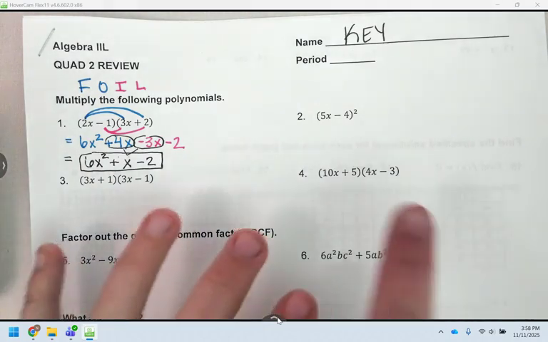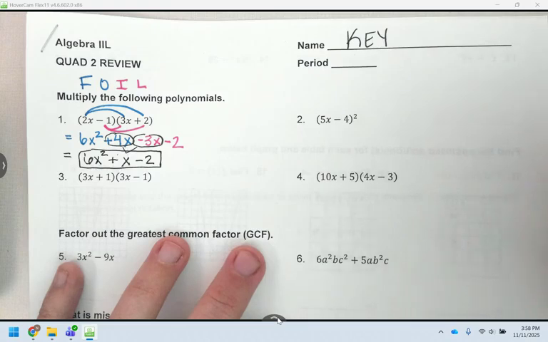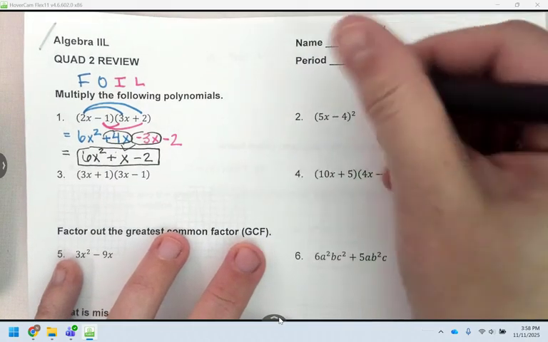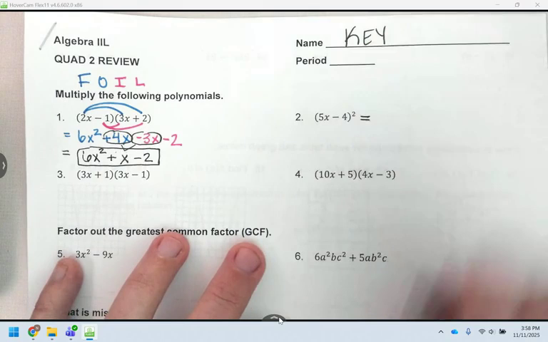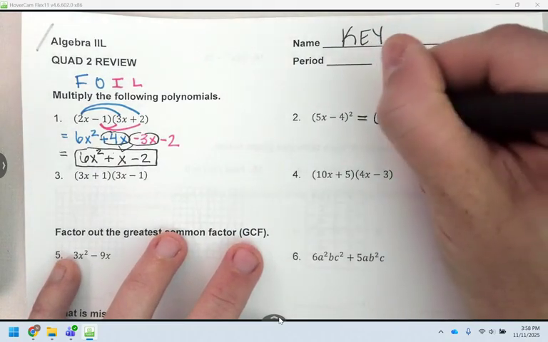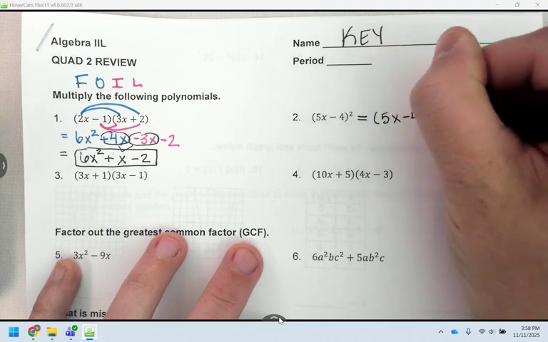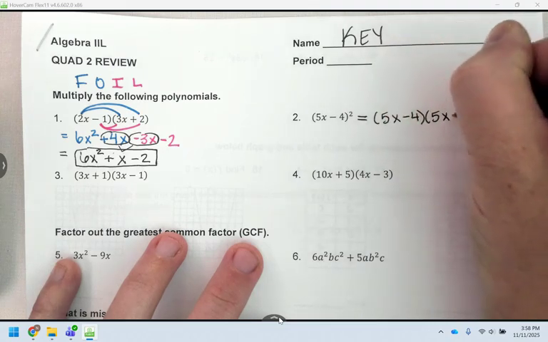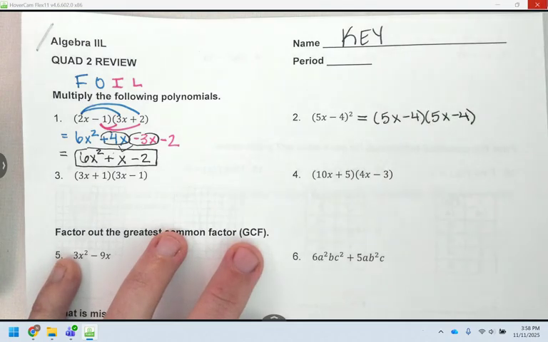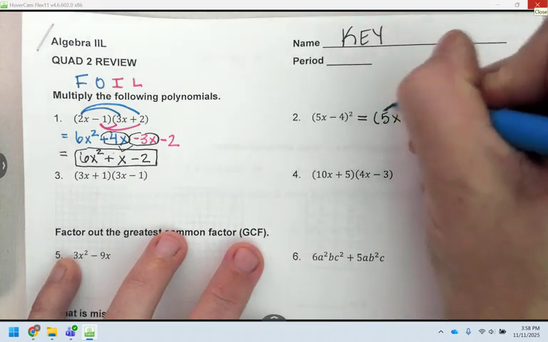Okay, moving on to this one right here. You do have to know that 5x minus 4 quantity squared is the same thing as 5x minus 4 times 5x minus 4. First and outer.